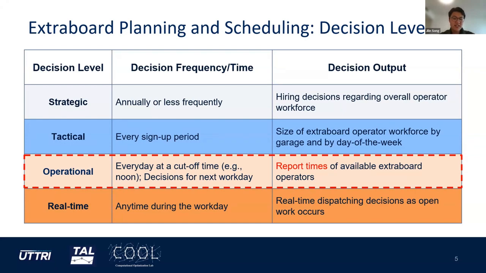Actually, the real time decision level is usually not mentioned in the literature, but I think it's worth including because unexpected absence can occur at any time during the day of operation. And dispatchers have to decide which Extraboard operators they want to use in real time.